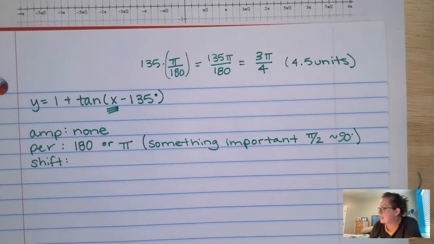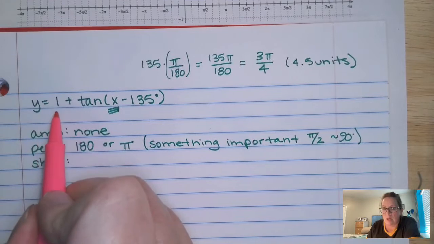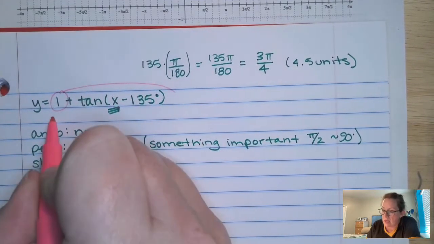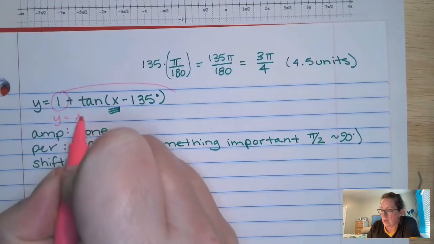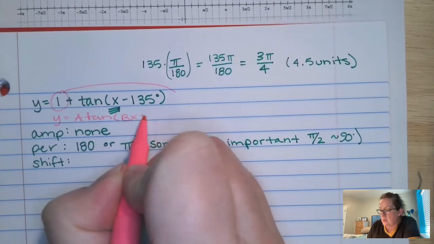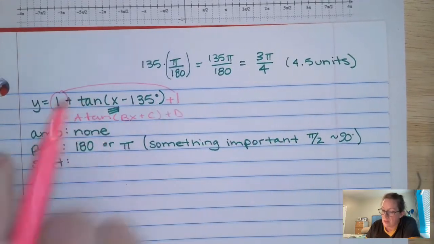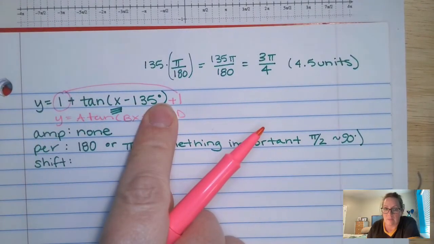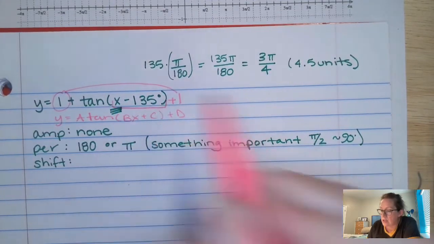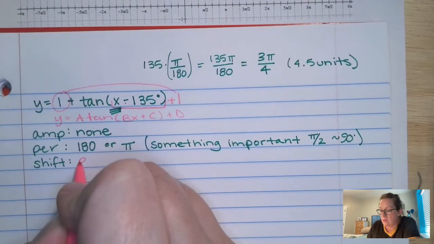Okay, the shift. Now this we talked about once before. They like to sometimes put this 1 in front, which does not really match the y equals a tan bx plus c plus d kind of formula. So if it trips you up in the front, just rewrite it in the back. Okay, so we know that this is our shift. It's opposite, so it's negative, so we're really going right.